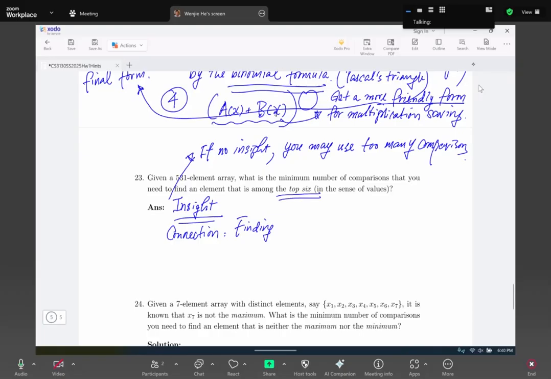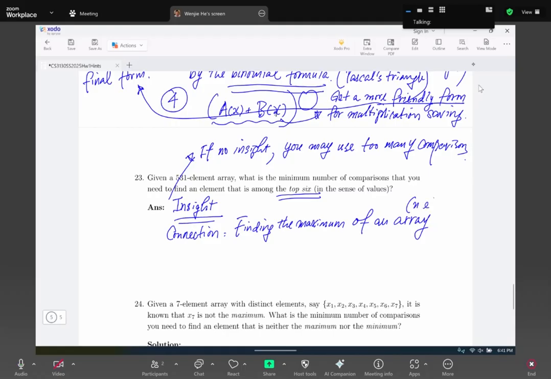Finding our original problem, finding the minimum, but here I want to use the version finding the maximum. Similar, right? But for this problem, finding the maximum is better. So I use the version finding the maximum of an array. We know n elements.